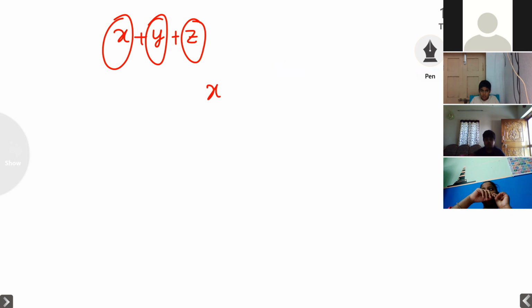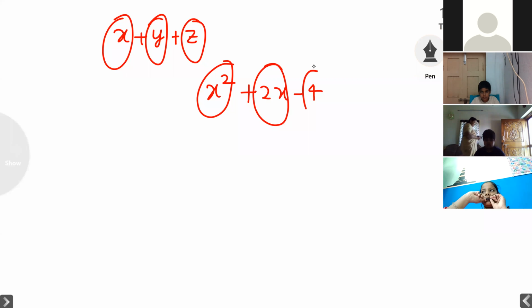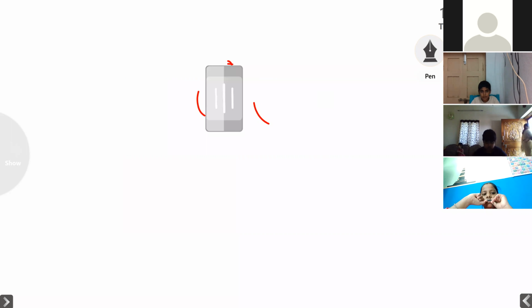Second example, I am writing x square plus 2x minus 4. Now tell me how many terms are there in this? 1, 2, 3 terms. This is called terms. Next, I have explained to you factor. How to find out factor? I have given the concept: factor is nothing but one part of the product.